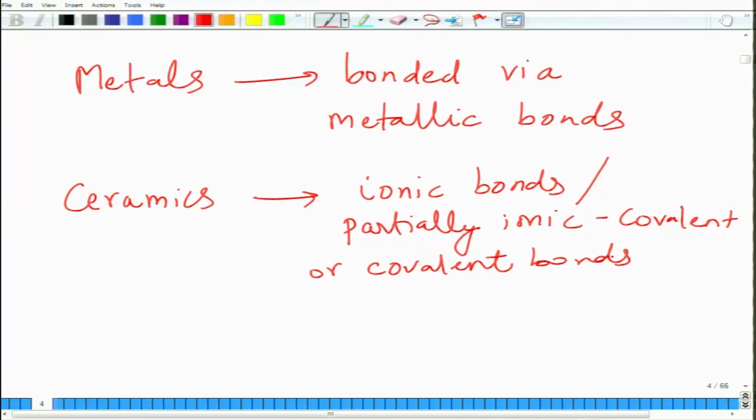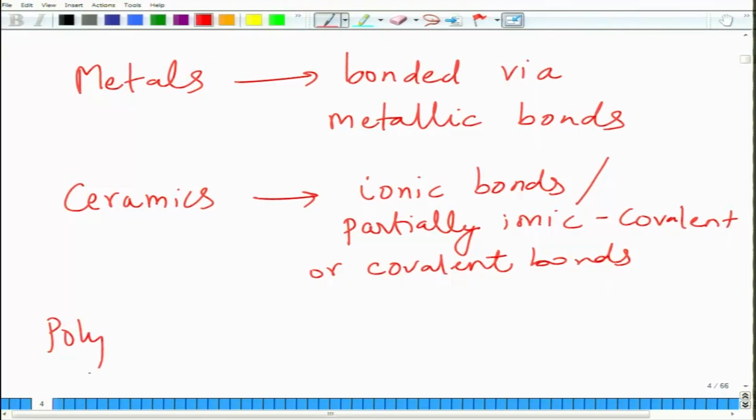So, things like sodium chloride would be highly ionic in nature. Things like silicon carbide and zinc oxide will have partially ionic and partially covalent bonding. Diamond on the other hand will be predominantly covalent, as will silicon.